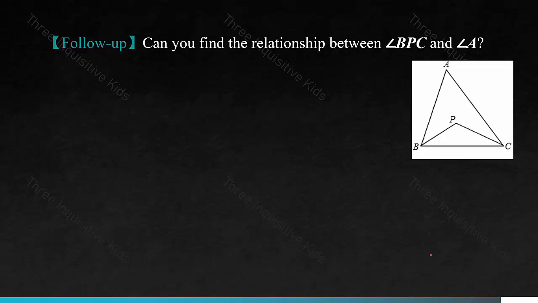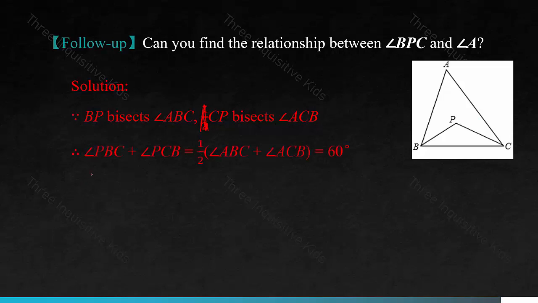Follow-up question. Can you find the relationship between angle BPC and angle A? Solution. We know that BP bisects angle ABC, and CP bisects angle ACB. Therefore, angle PBC plus angle PCB equals 1/2 of the sum of angle ABC and angle ACB, which equals 60 degrees again.